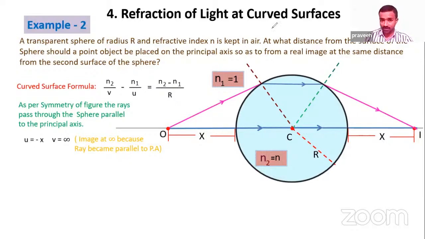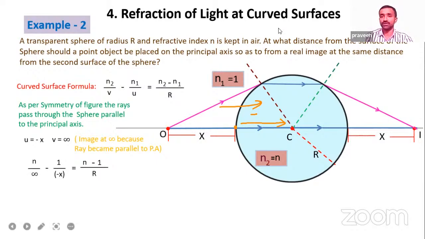Look at that: the incident light ray is towards the right side and the radius of curvature is measured from the pole to the center, so it is taken to be positive. So you give the value of R with a positive sign, plus R.